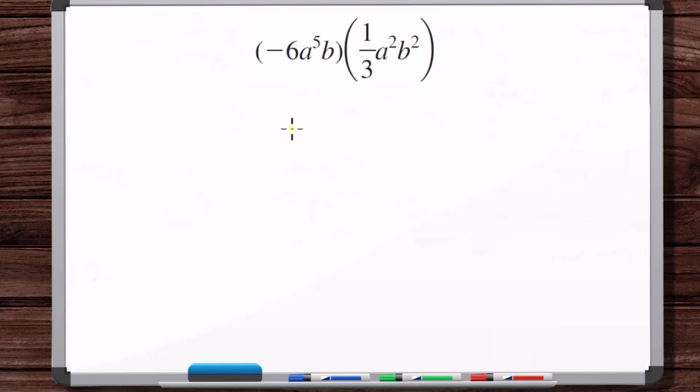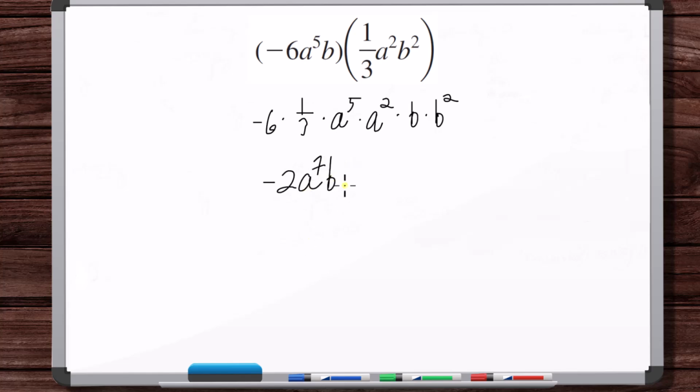So we could do minus 6 times 1/3 times a to the 5th times a squared times b squared. Okay, so minus 6 times 1/3 is minus 2. A to the 5th times a squared is a to the 7th. B to the 1st times b squared is b cubed. And that's it.